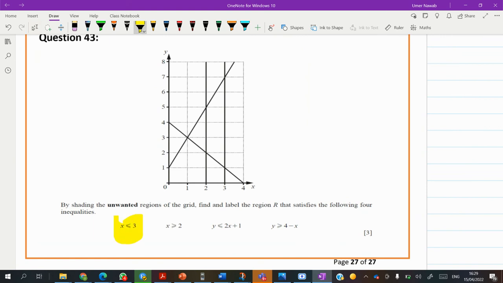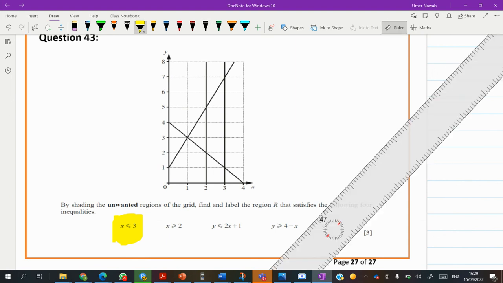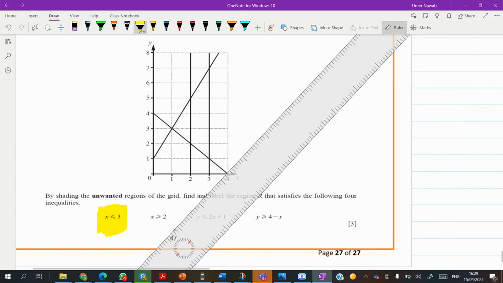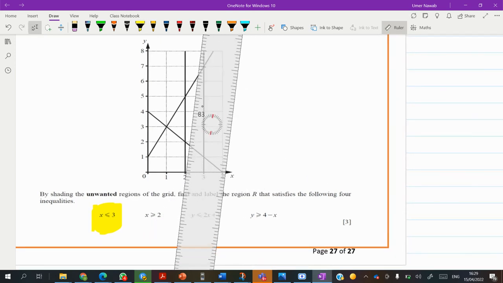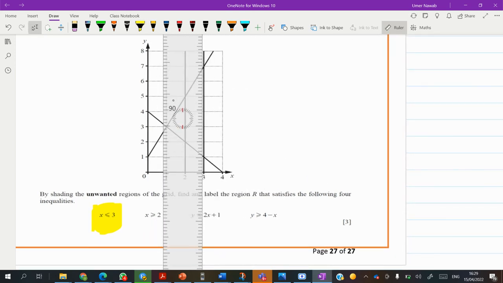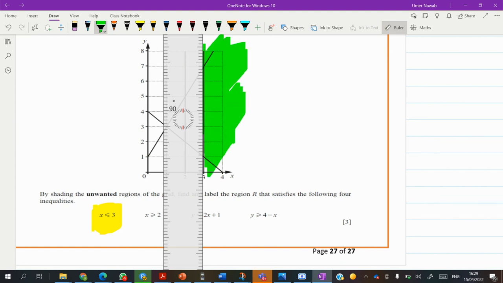x is less than or equal to 3. Less than or equal to 3 means the left hand portion of 3 is wanted. The right hand portion of x equals 3 is unwanted. We'll shade the unwanted portion. Okay, next.